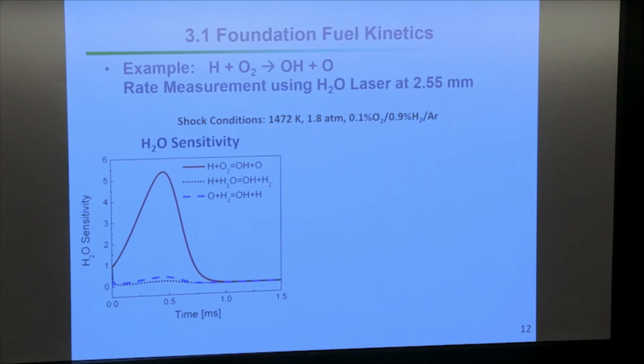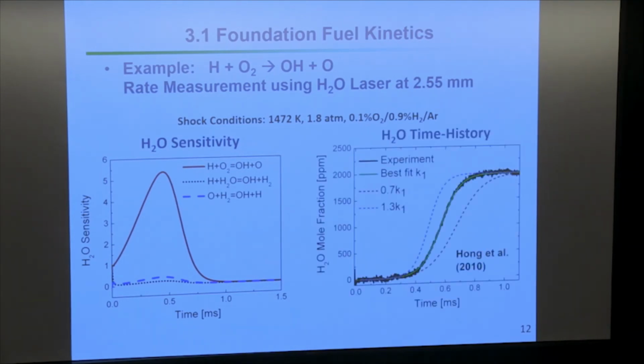But his simulations, if we can believe them, said that in the plot of H2O sensitivity versus time, water was highly sensitive to that rate constant. So if you believe the simulations, that's a great experiment. And so he did it. This is Kai Hong.